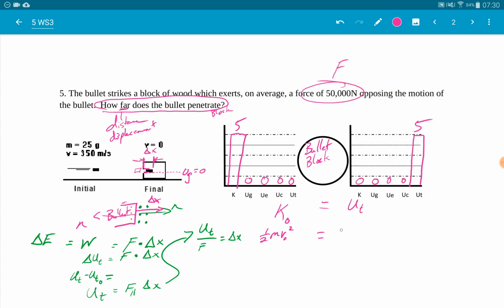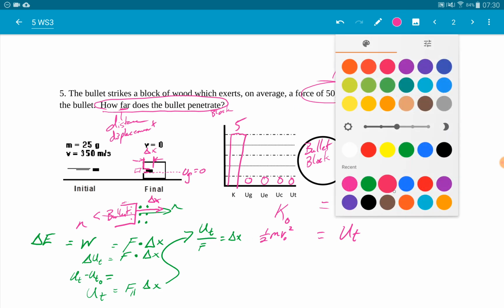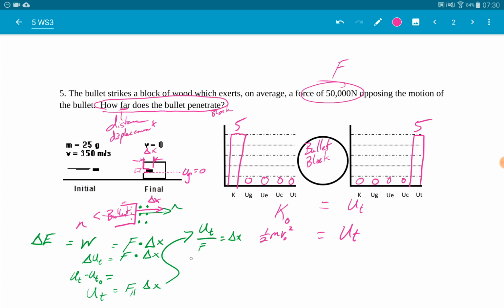Well, you could calculate UT right here if you'd like, but I'm going to use all of those guys, because whatever I multiply there, the 25 and the 350, I'm going to put that number over there. So I'll do the 1/2. I'm just replacing UT with what it actually is, 1/2 m v naught squared, divided by some force, and that's equal to how far that thing goes.